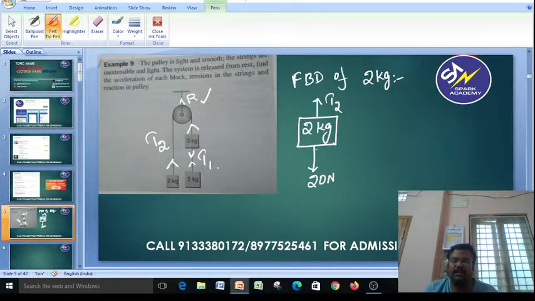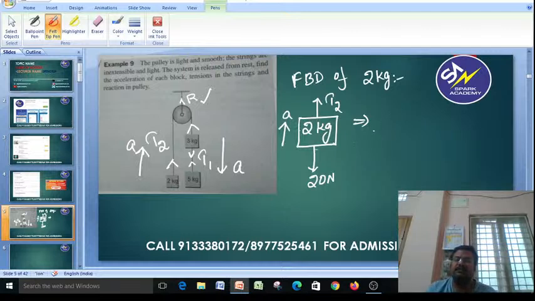You already know the acceleration of the 2 kg block is in the upward direction, and the acceleration of the 3 kg block and 5 kg block is in the downward direction.